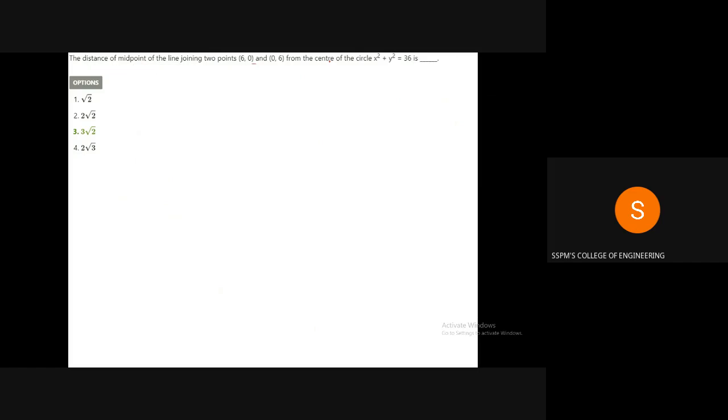First we find the midpoint of these two points. Suppose A is 6, 0 and B is 0, 6. Now we find the midpoint of A and B.